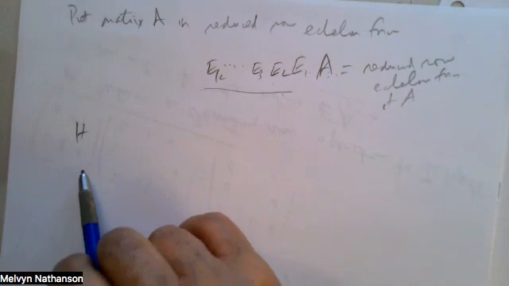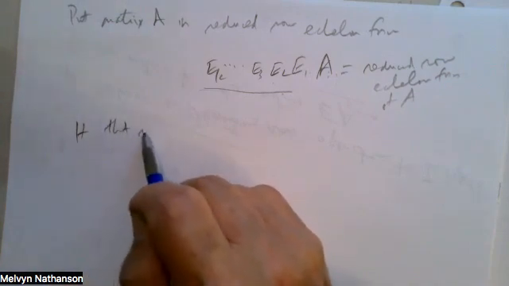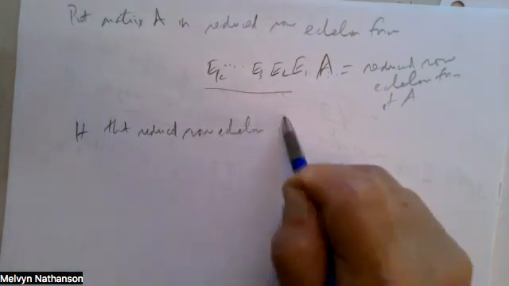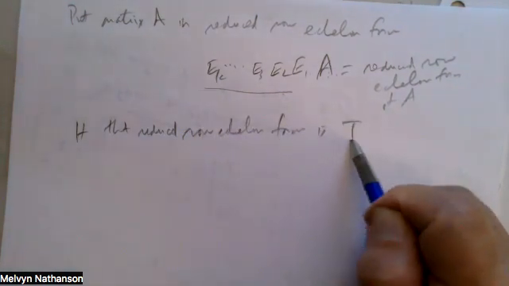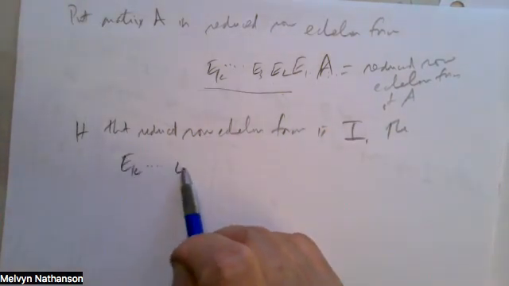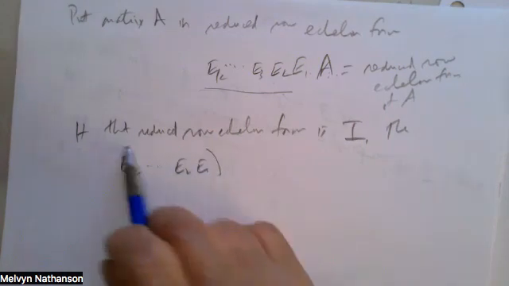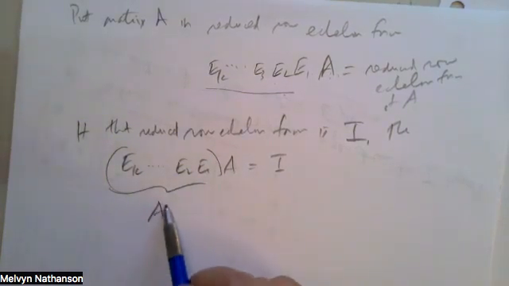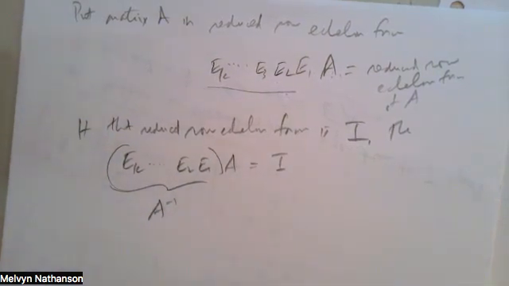If that reduced row echelon form is the identity, then E_k, this product of elementary matrices times A is the identity, which means this is A inverse. Because this matrix times A is the identity.